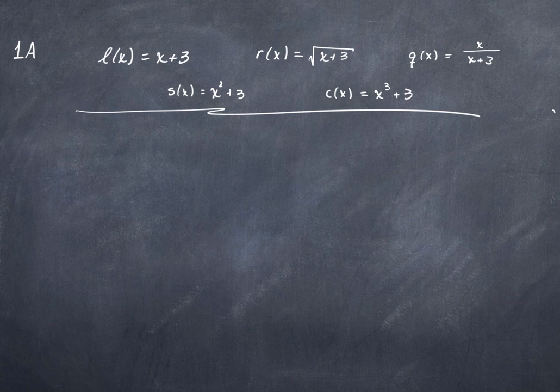So for example, one thing you might see is, this is an example of one of these, C of L of S of X. What do you think that means? What do you think R little circle S little circle L of X means?